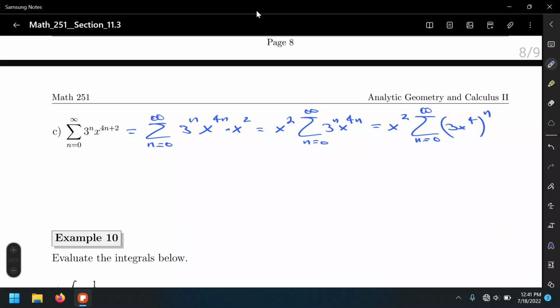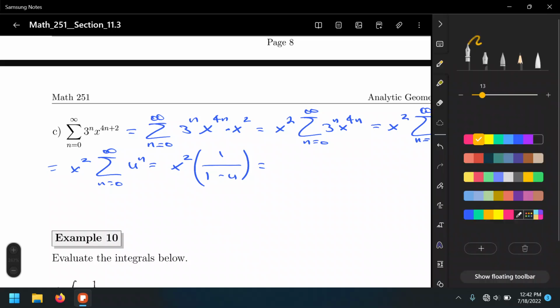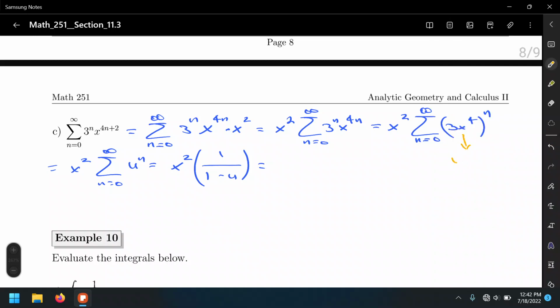This looks like u to the n with u equals 3x to the 4th, so that's x squared times 1 over 1 minus u, and just recall that u equals 3x to the 4th.